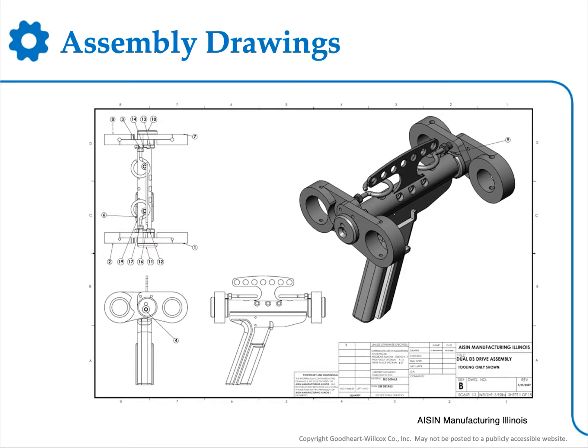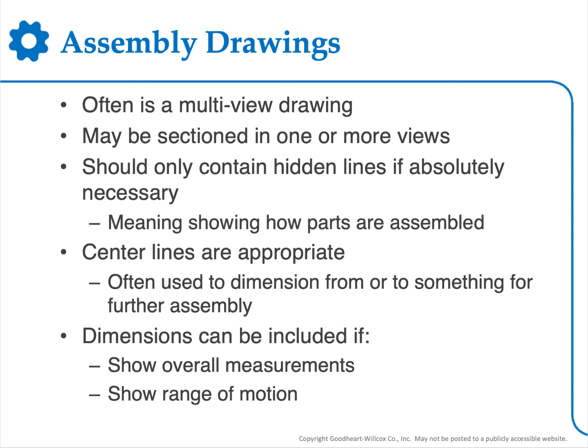So this is a typical assembly drawing that you're going to see. Sometimes they have virtually no dimensions. Assembly drawings are often multi-view drawings, as I've illustrated in the previous slide. They may be sectioned in one or more views if absolutely necessary.